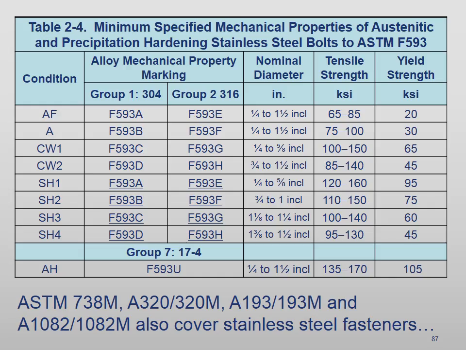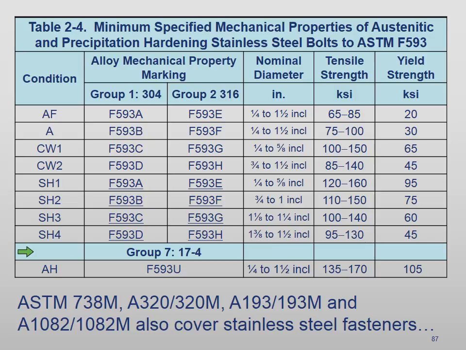There are 4 or 5 specifications covering the mechanical properties of stainless steel bolts, and in this webinar I've just put one table up that shows you the tensile strength. So this is taken from ASTM F593, and it gives the tensile strength for bolts 304 and 316 in various conditions for various diameters.